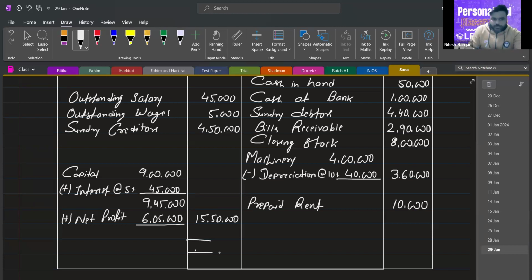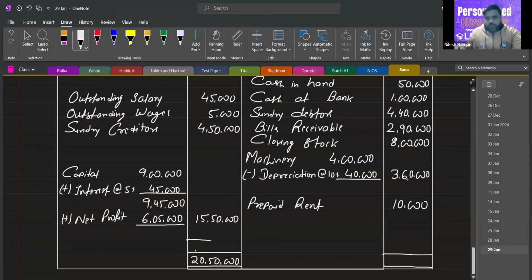Total of balance sheet. How much? 20 lakh 50,000. And here is 20 lakh 60,000.